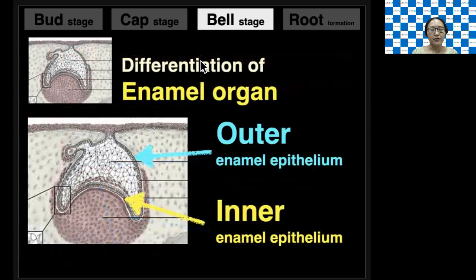The differentiation that happens in the enamel organ is characterized by the continuation of the ongoing processes of proliferation, differentiation, and morphogenesis. In the bell stage, the enamel organ will be divided into the inner enamel epithelium and the outer enamel epithelium.